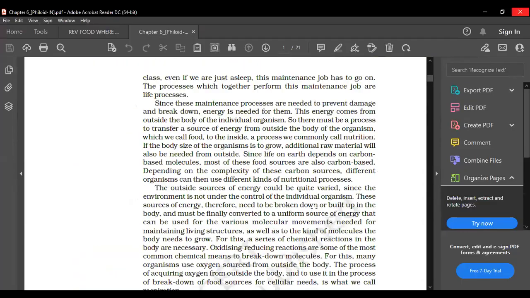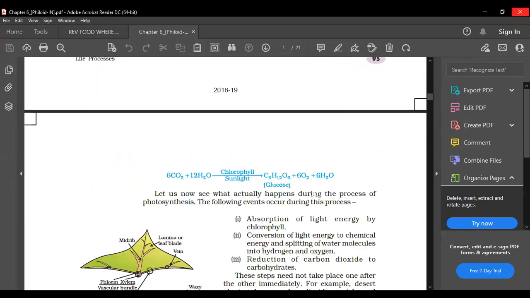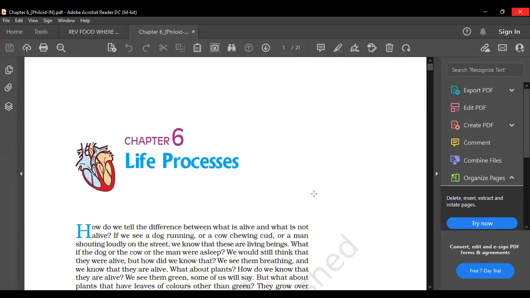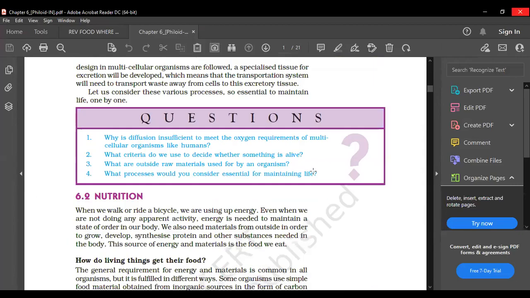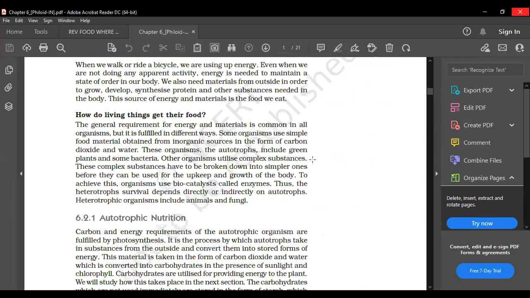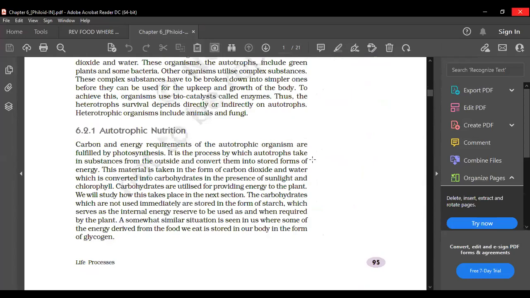Can you see the textbook now? Yes, sir. Again, we'll study the same life process in class 10th, in the first chapter of biology, Life Processes: Nutrition. Right now we're discussing the NCERT textbook.